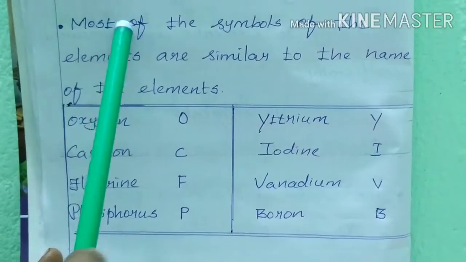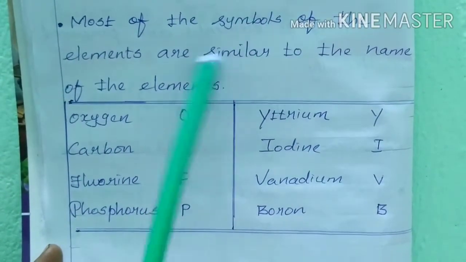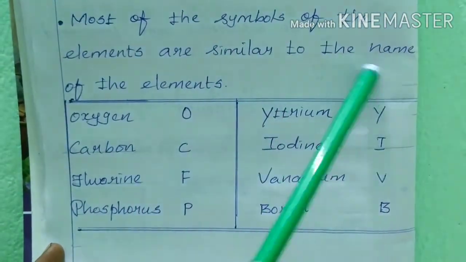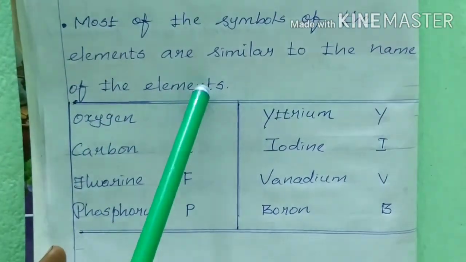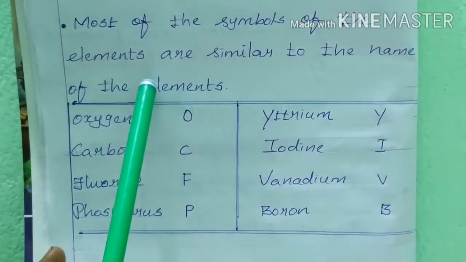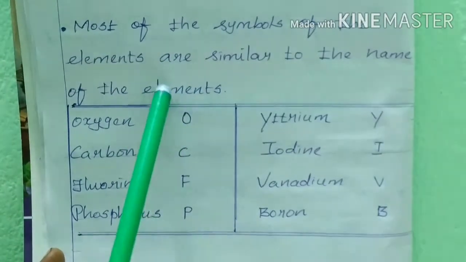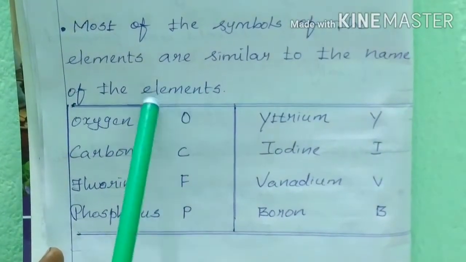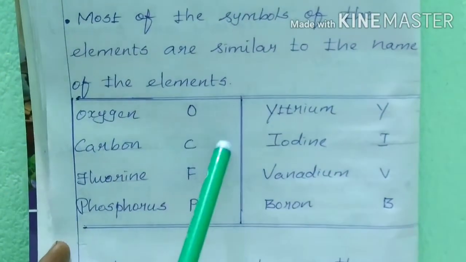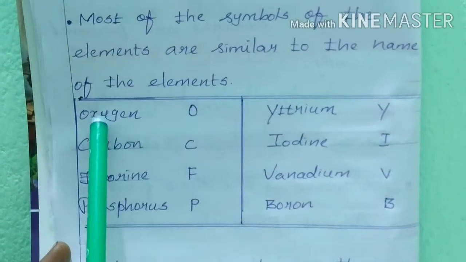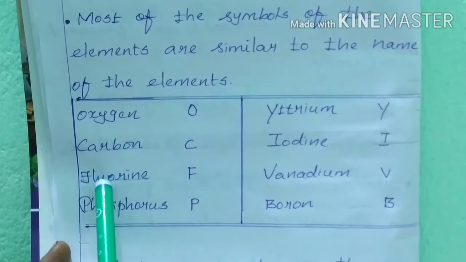This is the next rule. Most of the symbols of the elements are similar to the names of the elements. These are some clues for writing the symbol of elements. Among these 118 elements, the names of most of the elements are written as they are. Some examples: oxygen, carbon, fluorine, phosphorus.